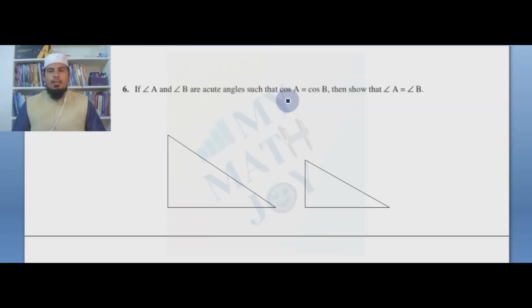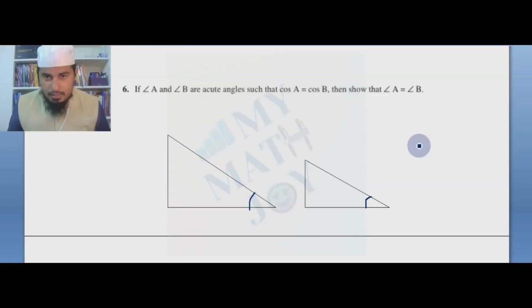And he told us that the cos A ratio is equal to cos B. It means that there are two different triangles, where in one you have an angle A, and somewhere in another right angle triangle you have angle B. The cos of A in this triangle is equal to the cos of angle B in another triangle. Then we have to prove that angle A is equal to angle B.